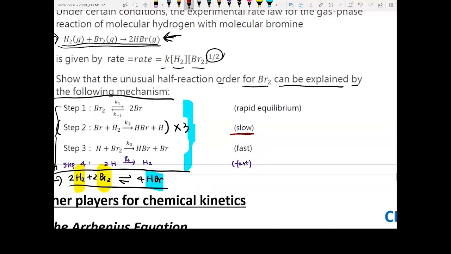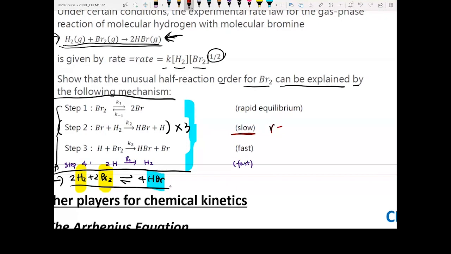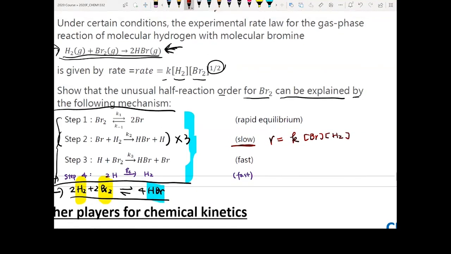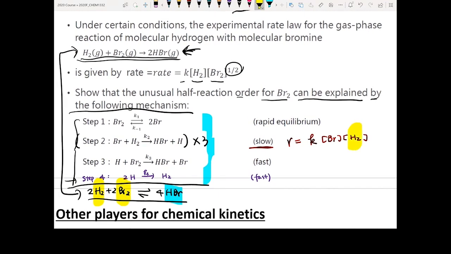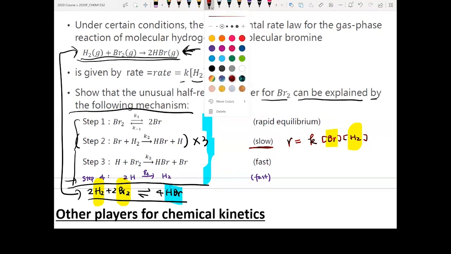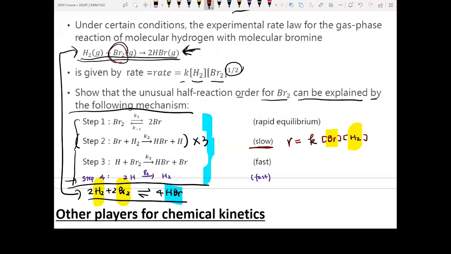In this case, your reaction rate can be simply written as K times Br times H2. Once you see this, you will realize H2 is a reactant, but Br is not. You need to find a way to convert your Br back into Br2, because Br2 is a reactant.